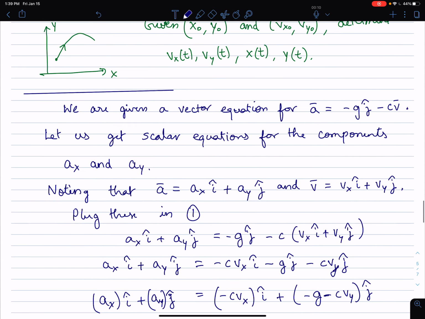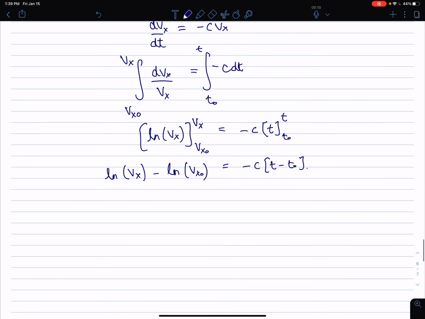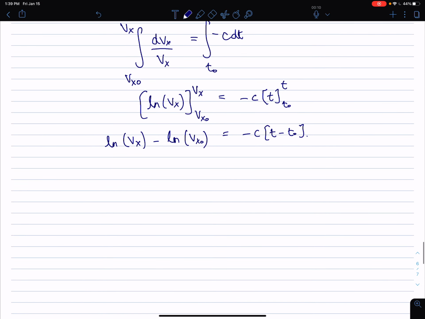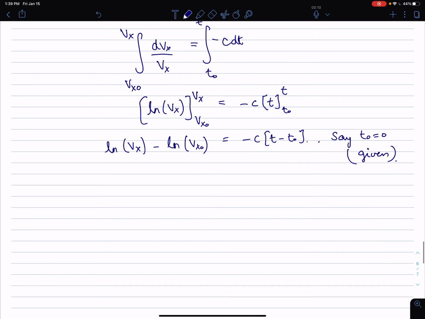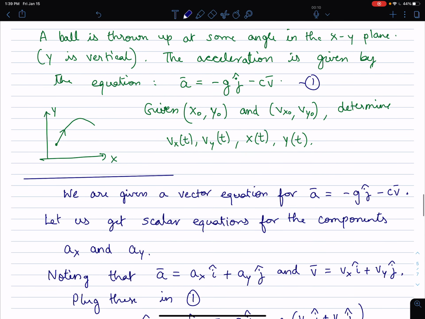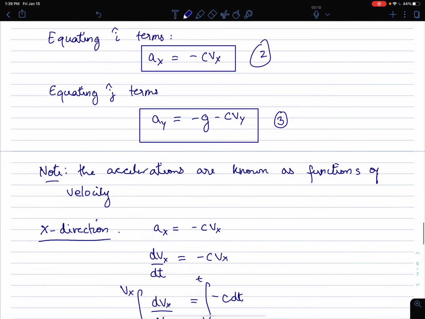Let's, for simplicity, assume that t naught is equal to 0. The initial time is 0, so that we are not carrying t naught around. But it doesn't matter. Say t naught equals 0, let's say that's given.